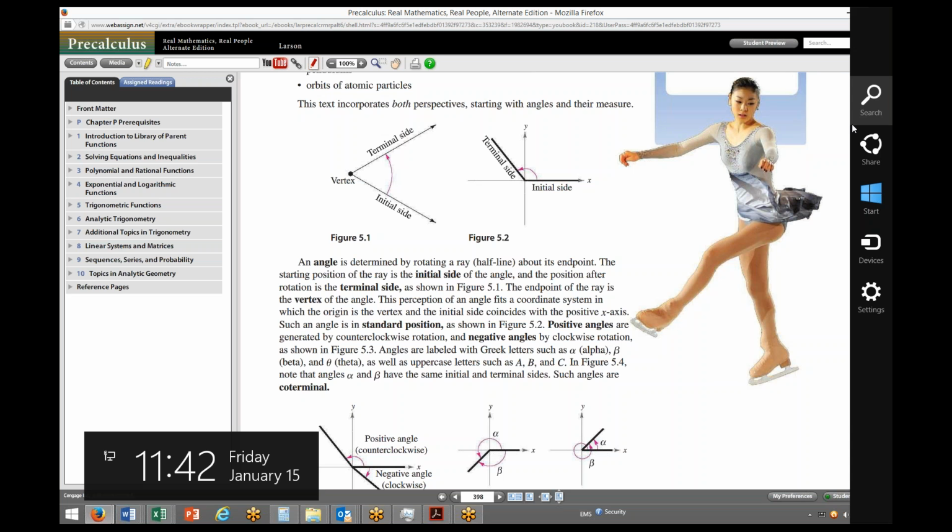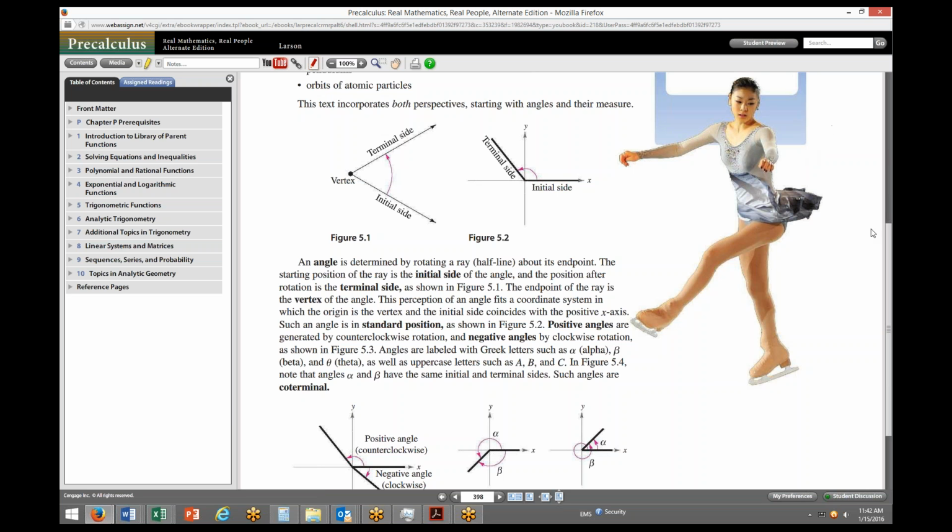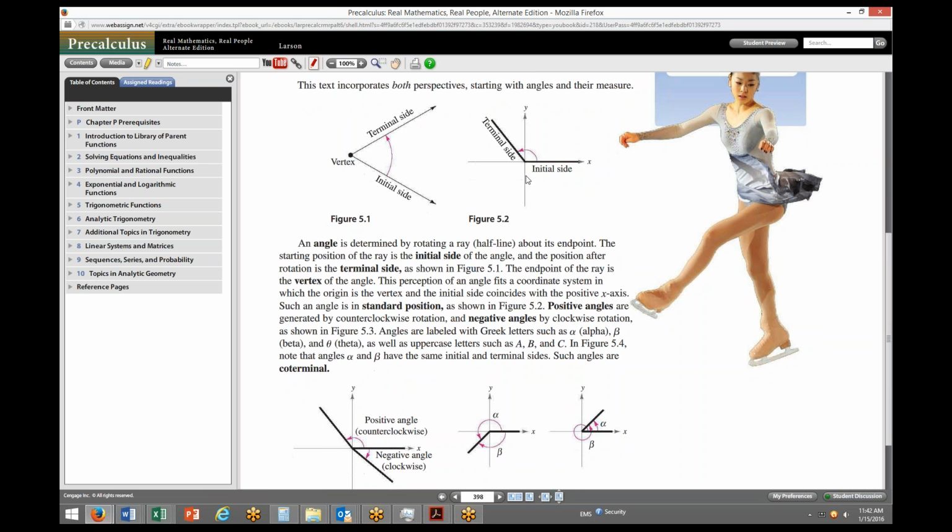You can see that in the way they've designated this angle right here that I'm motioning to. The initial side is precisely the positive x-axis, starting at 0, 0 and going to the right forever. Then the terminal side is over here in quadrant 2, going out that way forever and ever. So that angle, composed of that initial side and terminal side, is an angle in standard position.